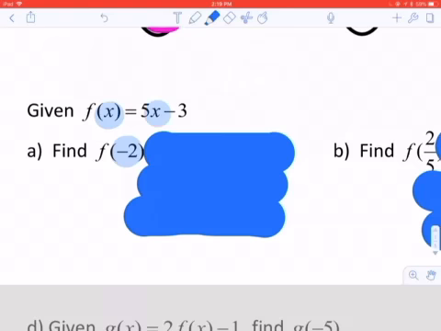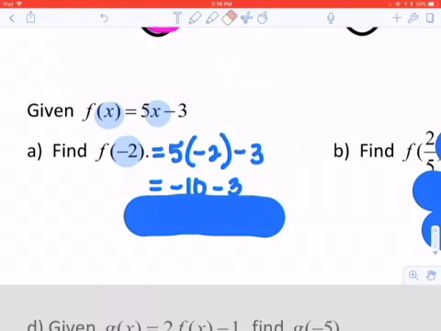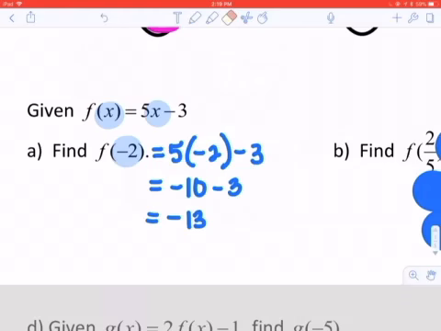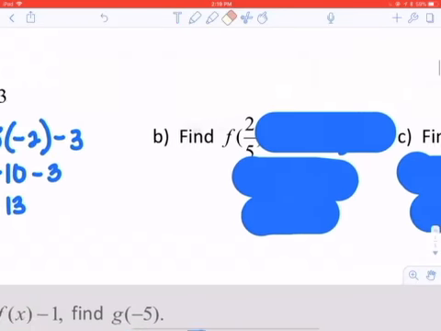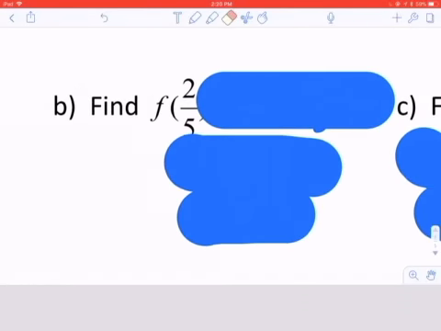We're going to do 5 times negative 2 minus 3, which gives me negative 10 minus 3, which gives me negative 13. If I go too fast here, you can always pause it, copy what's on the screen, or try to do it on your own, and then you can replay it if you need to hear or see it again.